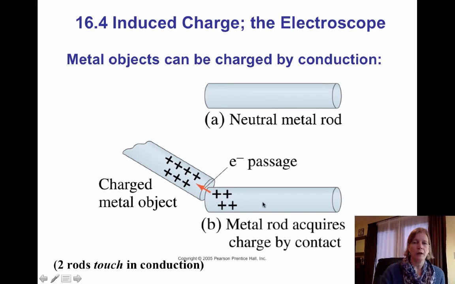So the neutral rod acquires charge by contact. When you do this, you'll notice that both objects end up with the same charge after contact. All right, that's charge by conduction.